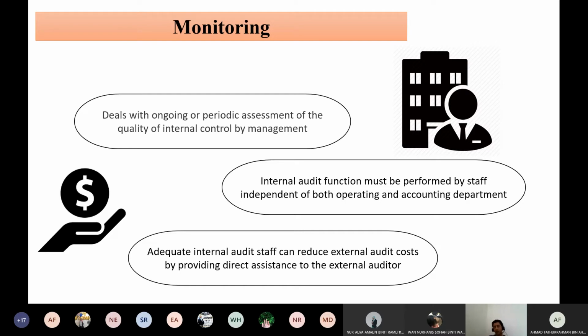Usually the external auditor will assess the internal audit function in terms of how independent and effective they are, how much budget they have, and how many staff work in the company as internal audit.